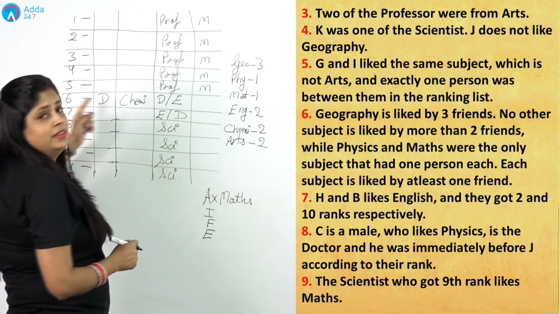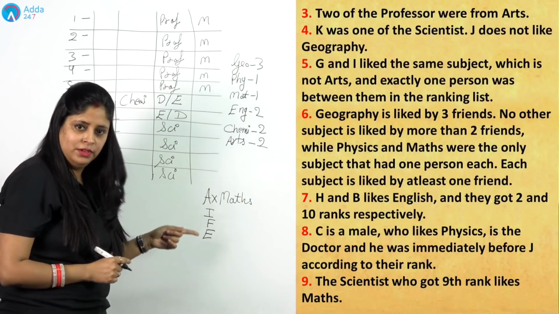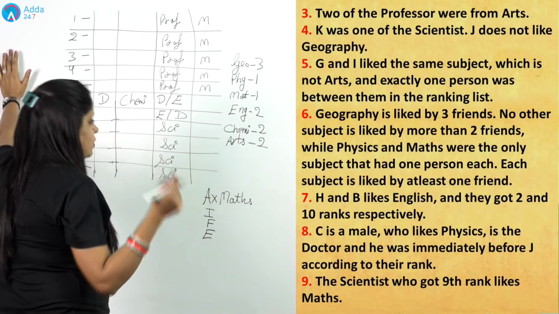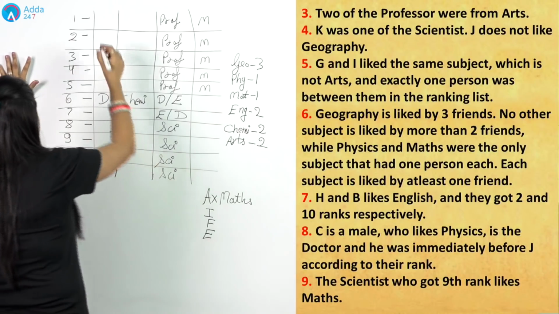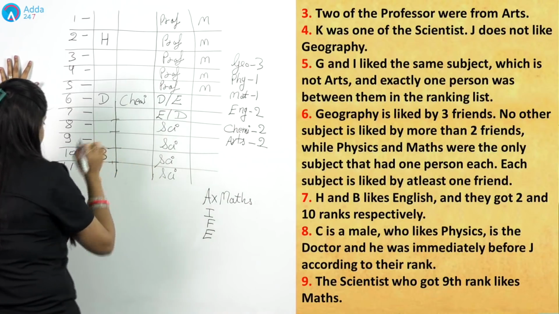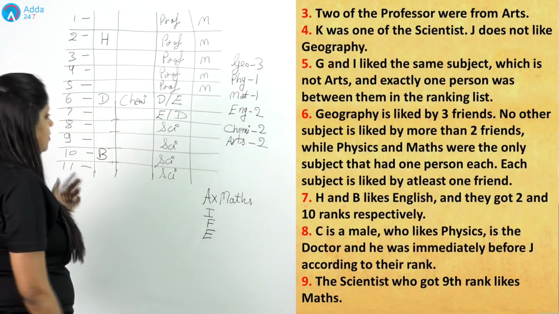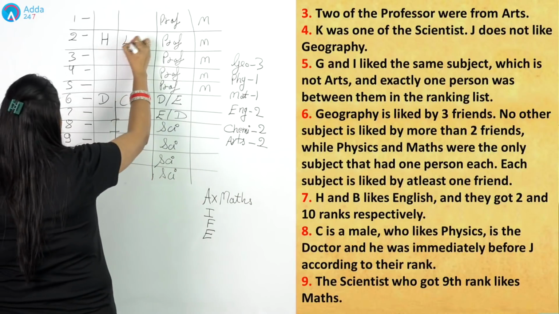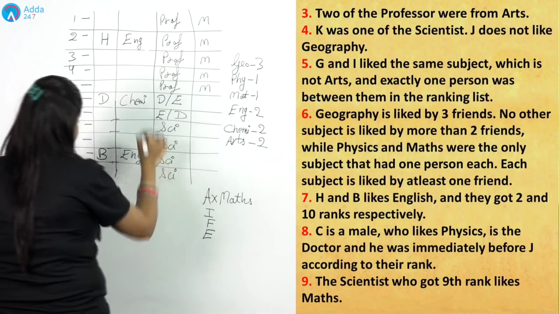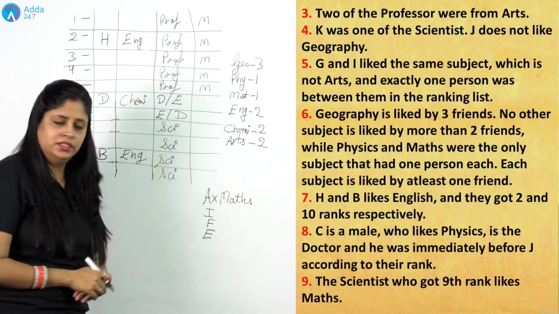I can place that hint in my basic chart itself. So let's initiate with that. Point number 7 says H and B like English and they got rank 2 and 10 respectively. Means H is placed on rank 2 and B is placed on rank number 10. Moreover, their subject is also the same, and the subject is English. Okay, done with that.